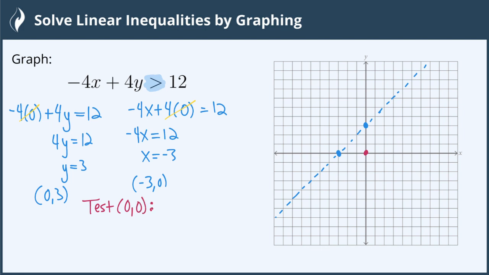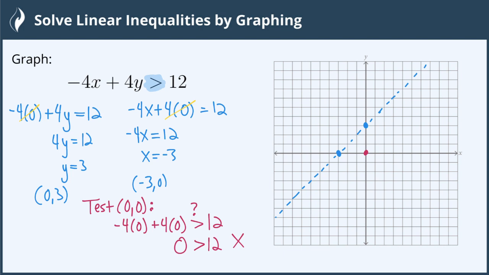And we're going to plug it into the inequality. So negative 4 times 0 plus 4 times 0 is greater than 12. Well, this is really 0 plus 0, or 0 is greater than 12, which is false.